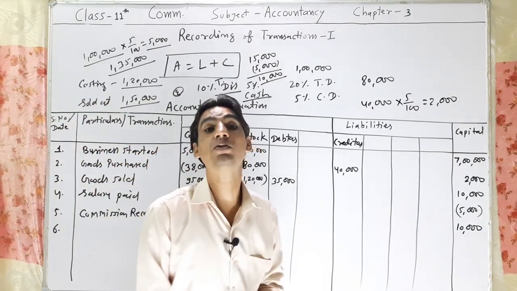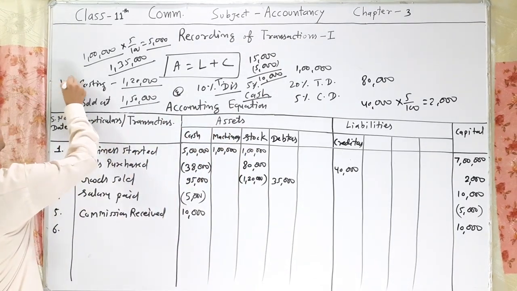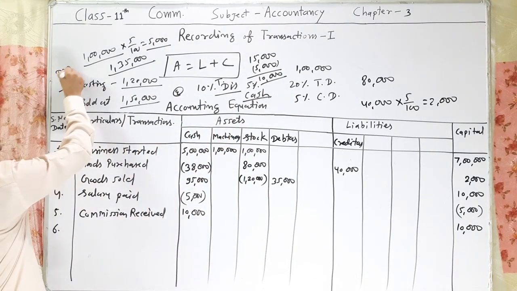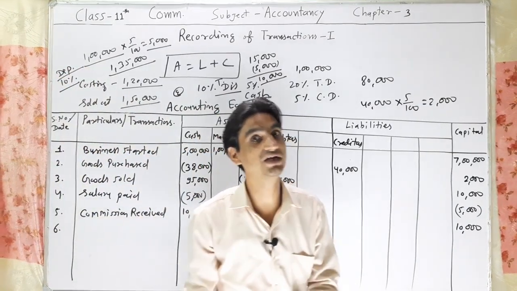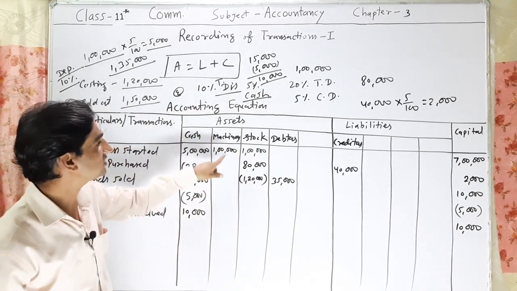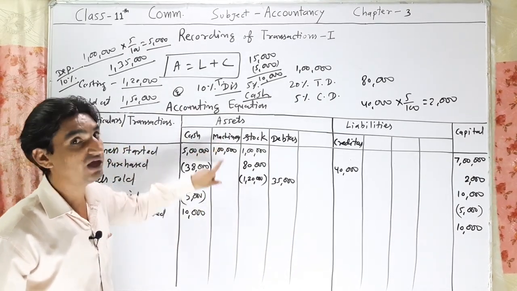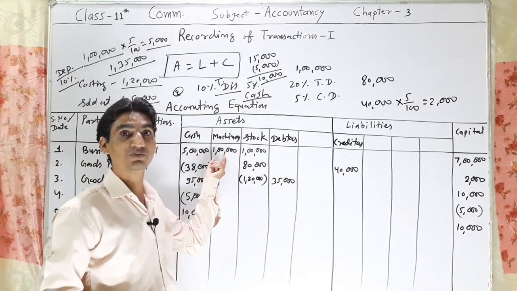The next transaction: depreciation charged on machinery at the rate of 10%. The value of machinery is rupees 1 lakh and we have charged 10%. 10% of 1 lakh is rupees 10,000.